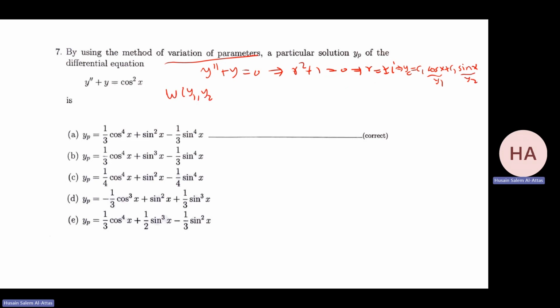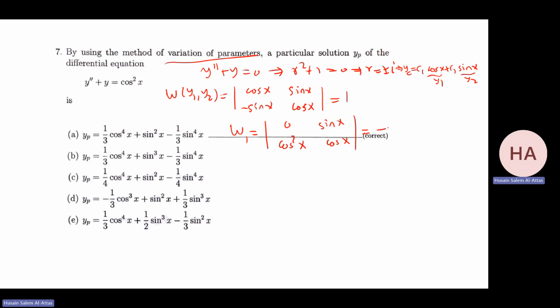So the Wronskian of y1 and y2 will be cosine x, minus sine x, sine x, cosine x, and that will be cosine squared plus sine squared, which is 1. Okay. W1 will be 0, cosine squared x, and this is sine x, cosine x.